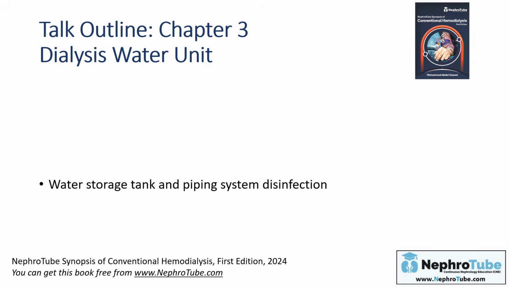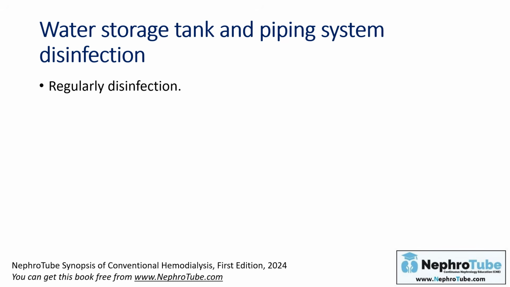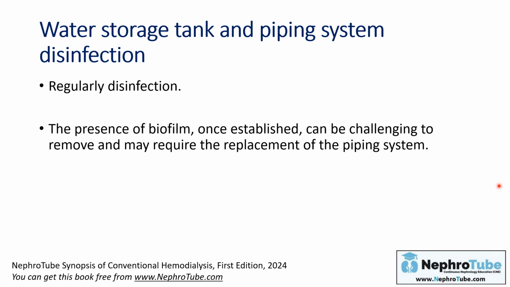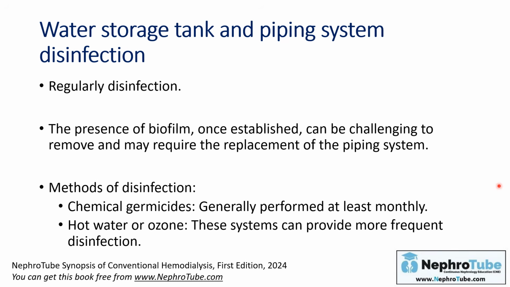The second point is the storage tank and piping system disinfection. It is important for these parts of the water unit to be regularly disinfected to prevent bacterial growth and contamination, and the formation of biofilm, because if biofilm is formed or established, this is very challenging and this may require the replacement of the piping system.